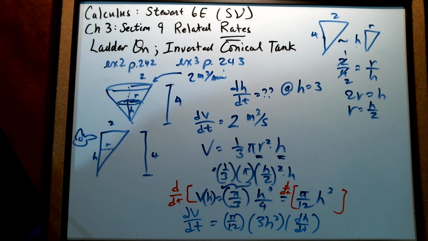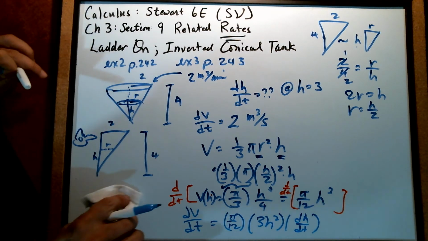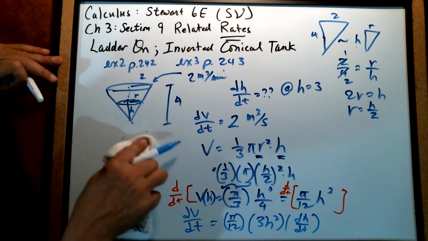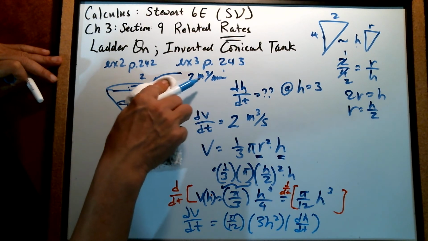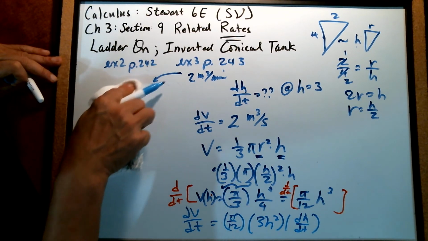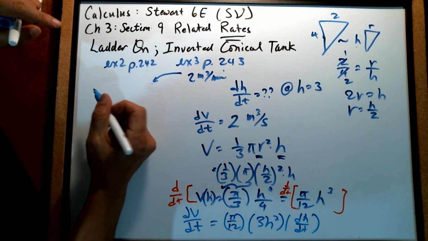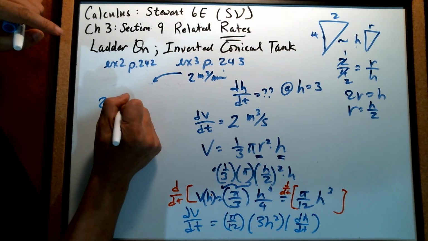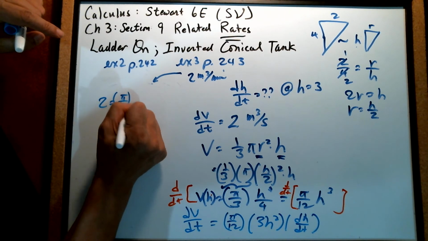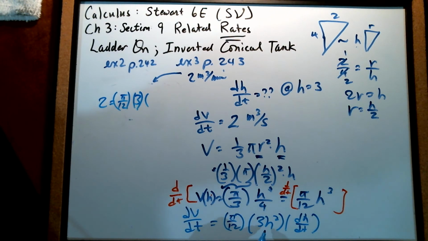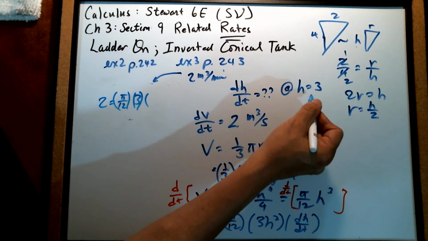So we're going to erase this picture a little bit and do it right over here. dV/dt is going to be 2. It's equal to pi over 12 times 3 times the height, which is going to be 3.